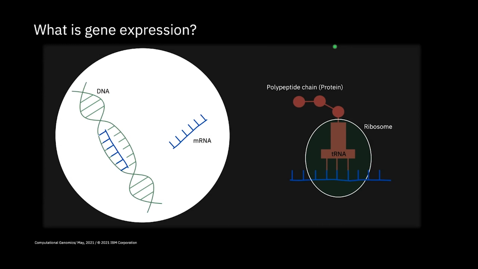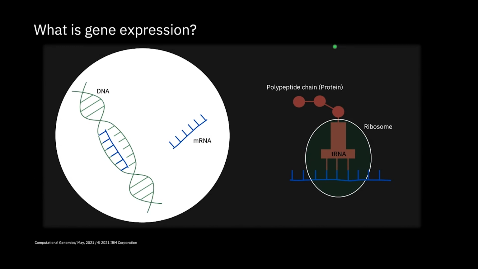Okay, so first, again, let's talk about the nomenclature. What is gene expression? When people talk about gene expression, they tend to mean two related steps. This white disk on the left, we can think of as a nucleus in a eukaryotic cell.